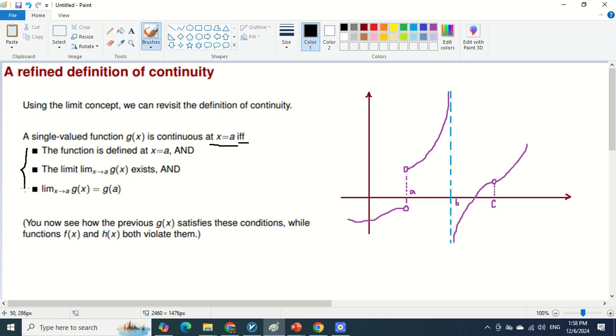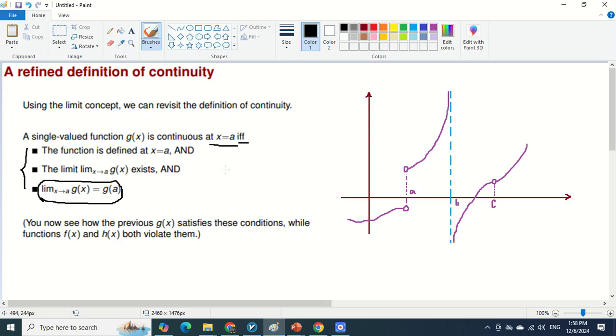The function is defined at the point x equal to a, and the limit exists at that point, and the limit and the given value of the function at that point are the same. So these three conditions should be satisfied to say that the given function is continuous at that given point.